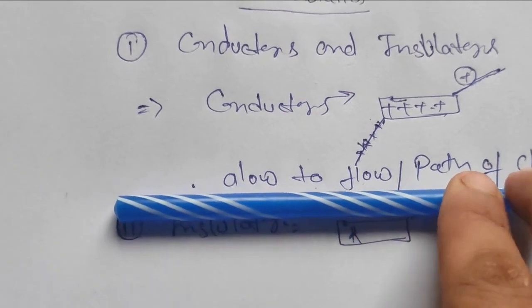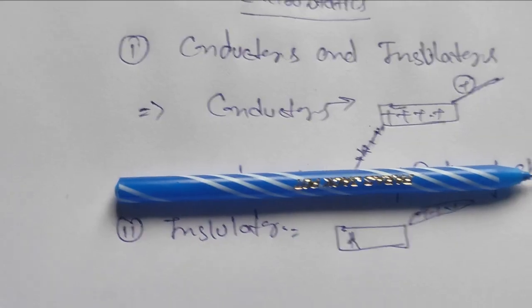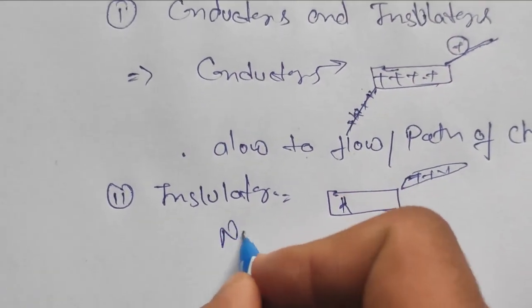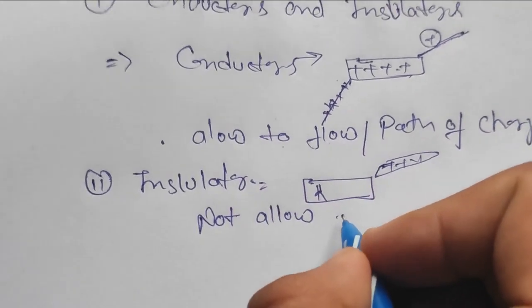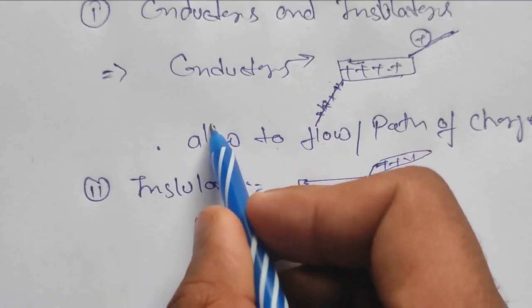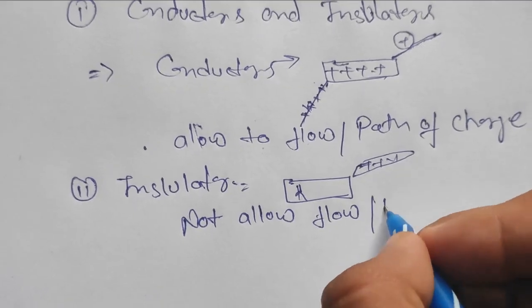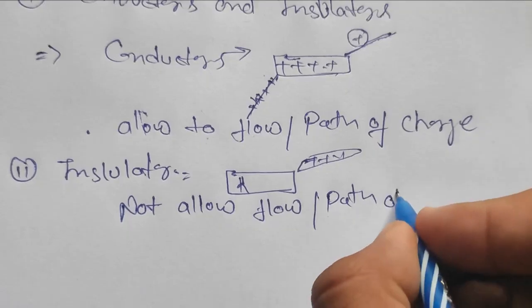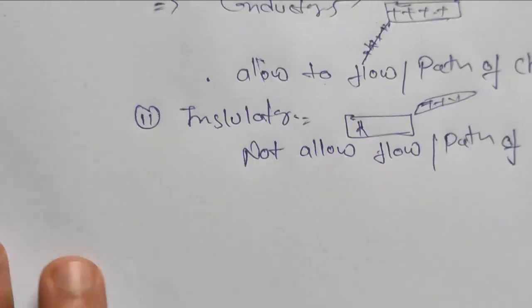If I remove the pen's liquid, it behaves like plastic, so it is an insulator: it does not allow the flow, the path, of charge.